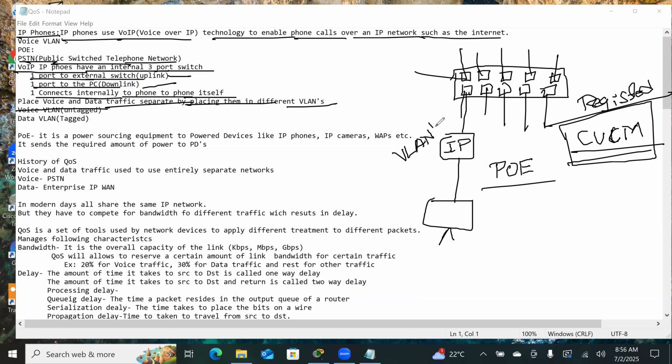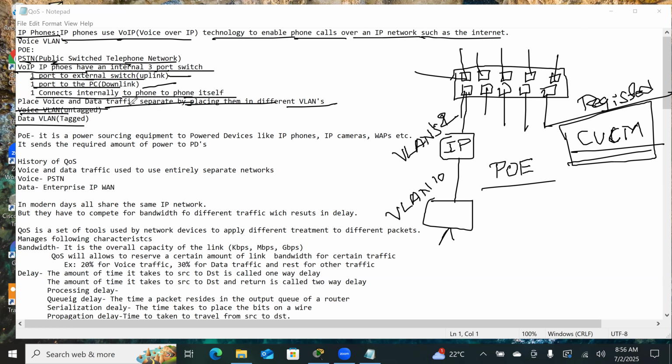So if I'm going to keep this IP phone in VLAN 2, I'm going to keep the PC in VLAN 10. If we place this PC and IP phone in different VLANs, the voice VLAN will be untagged and the data VLAN will be tagged here.